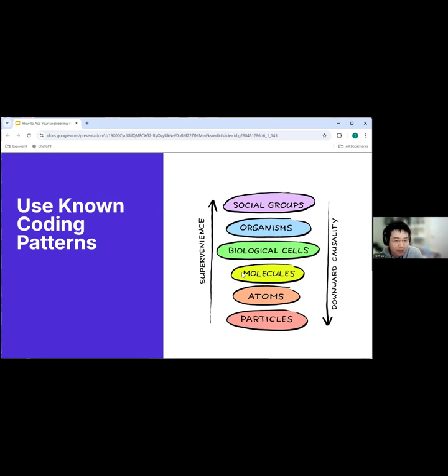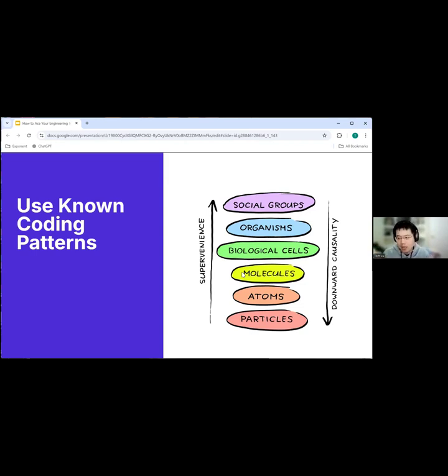Think about it. It will be very, very hard to describe the interview process using only atoms and particles, right? So that's why, during communication, we would like to use a common pattern, a common abstraction layer to deliver our thought process.